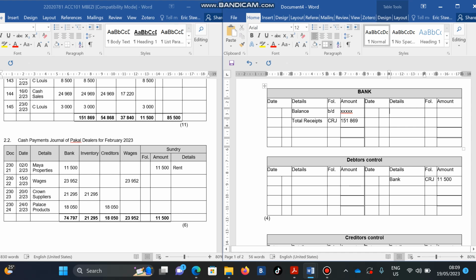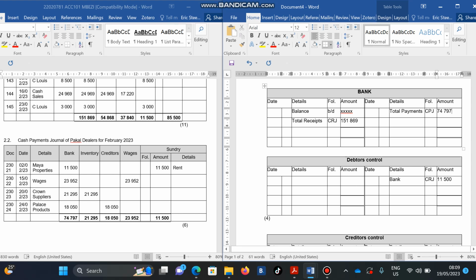So it would be total payments, folio CPJ. The amount in the CPJ is 74,797. And we're done.